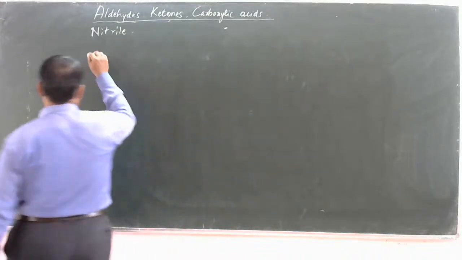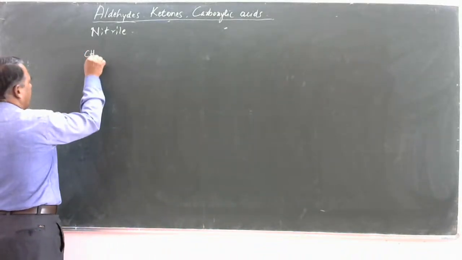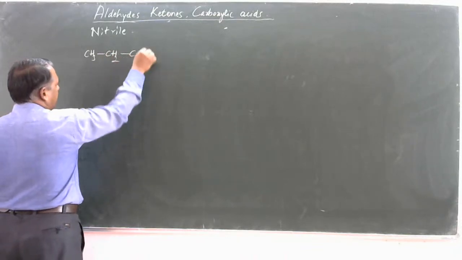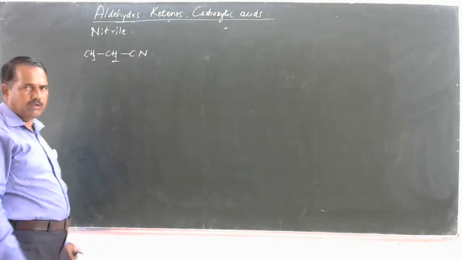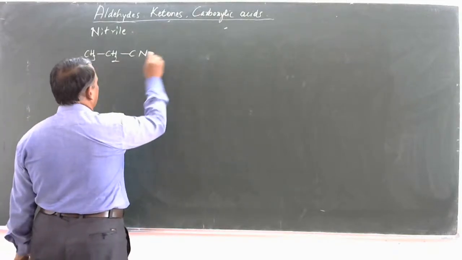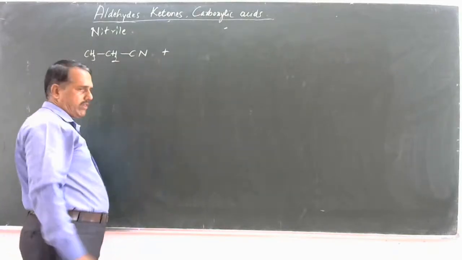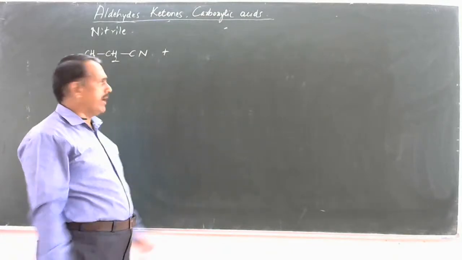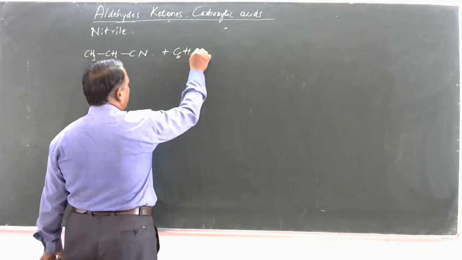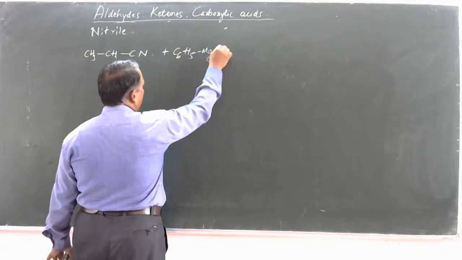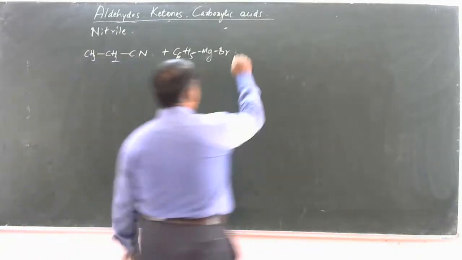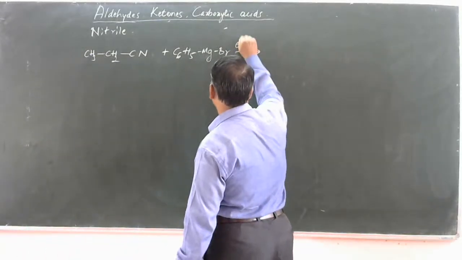So this is a nitrile: CH3CH2CN, which is nothing but a nitrile. When this nitrile is treated with phenyl magnesium bromide, which is C6H5MgBr, it is heated in the presence of ether.